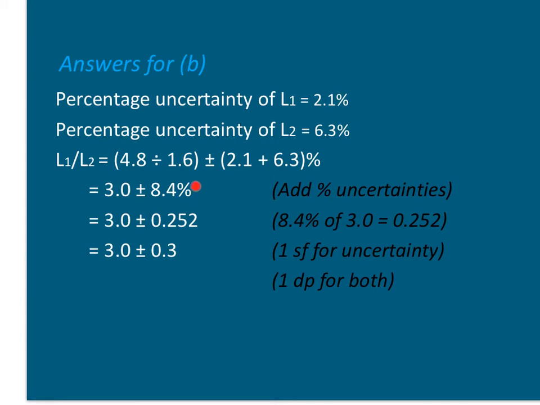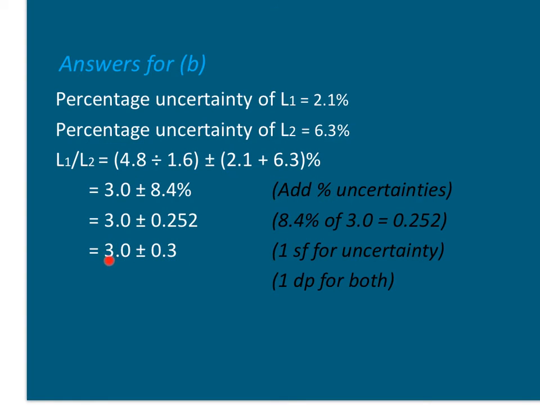Then you have to convert this percentage uncertainty back to absolute uncertainty by multiplying 8.4% by 3. That gives you that. And then round this off to 1 sig fig. That gives you 0.3.